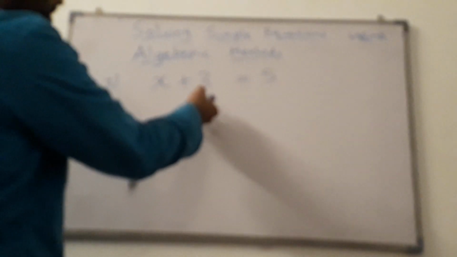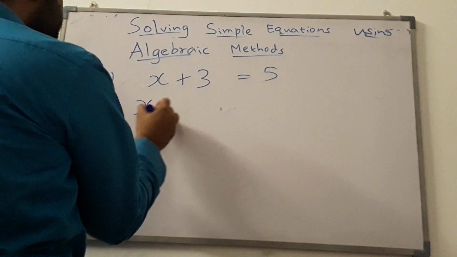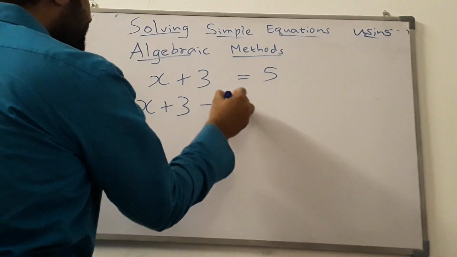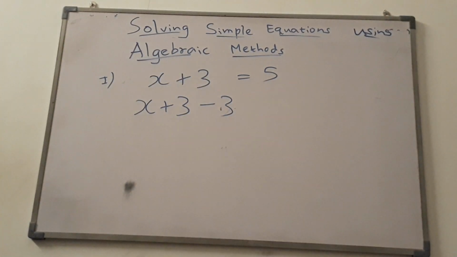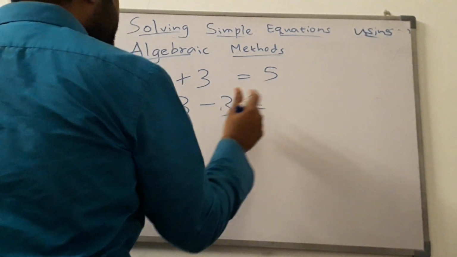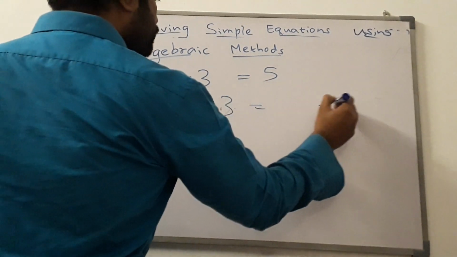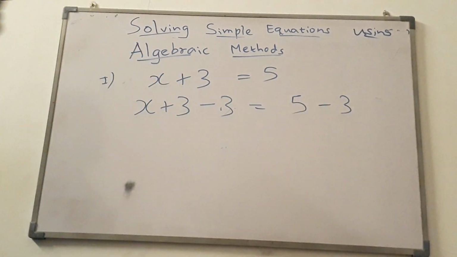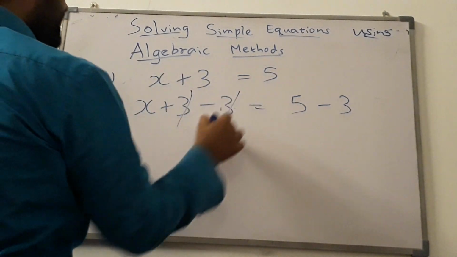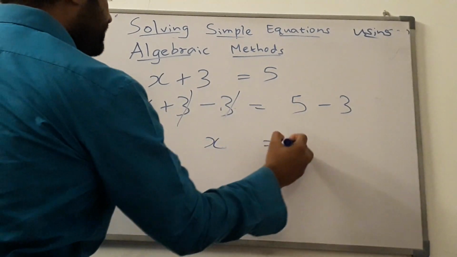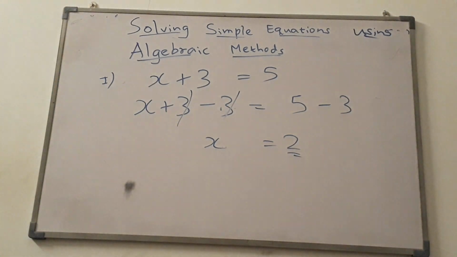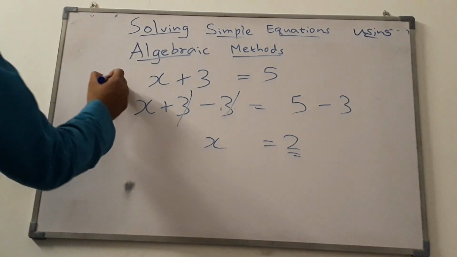So I want to remove this 3. So I am going to subtract 3 from left hand side. If we subtract 3 from left hand side, we have to do the same thing to right hand side. So 3 and 3 get cancelled. x is equal to 2. This is the second sum.